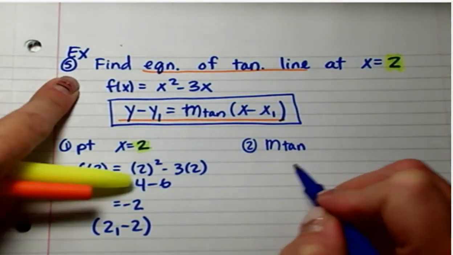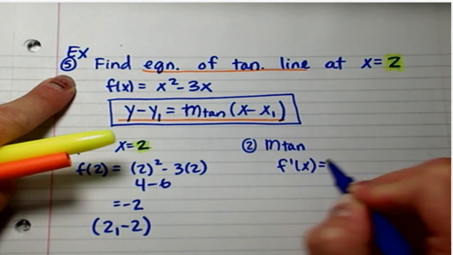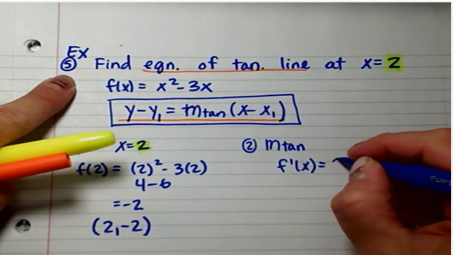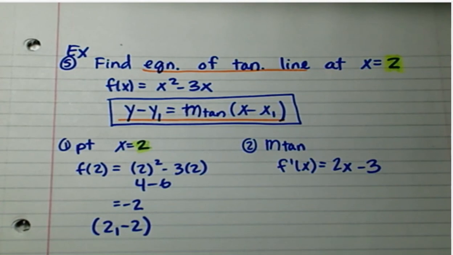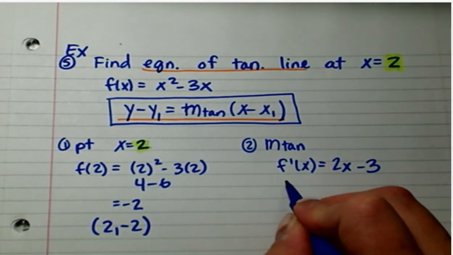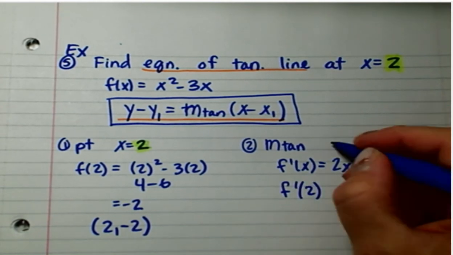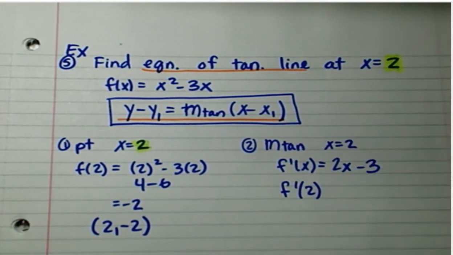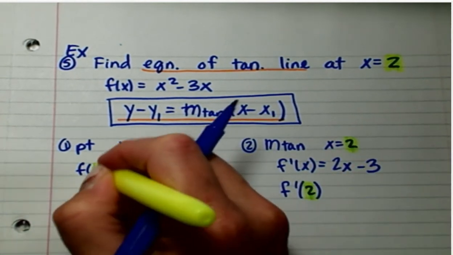Tangent slope is the derivative, and I plug in the x coordinate, right? I need tangent slope when x equals 2. So I plug in 2.